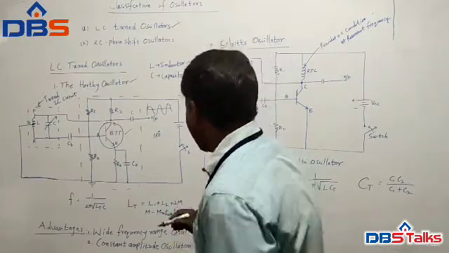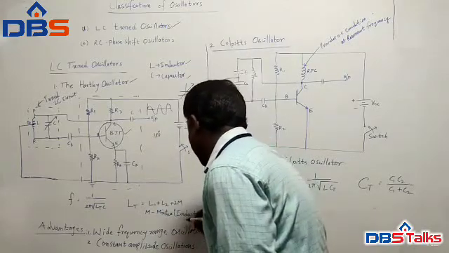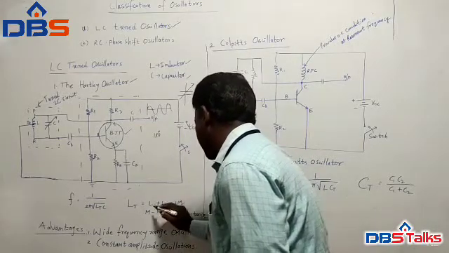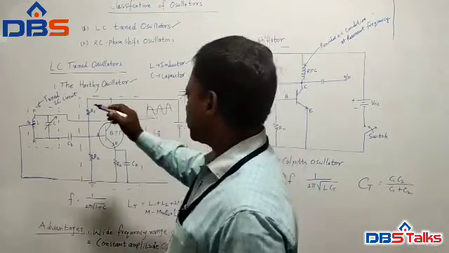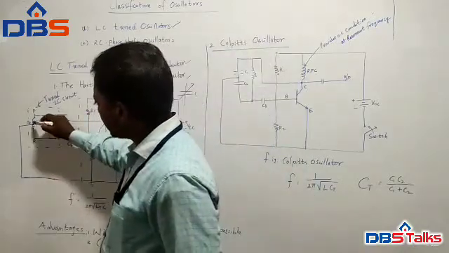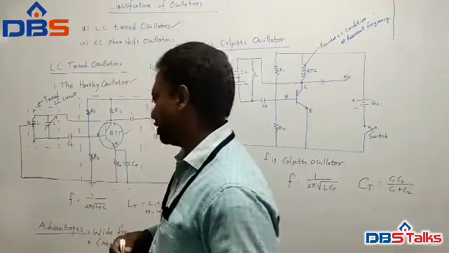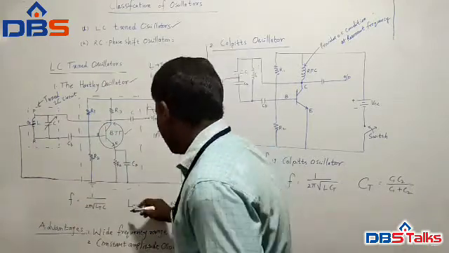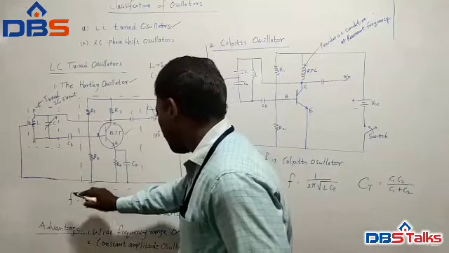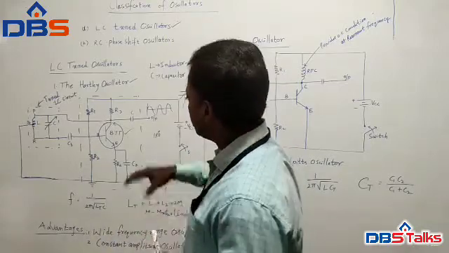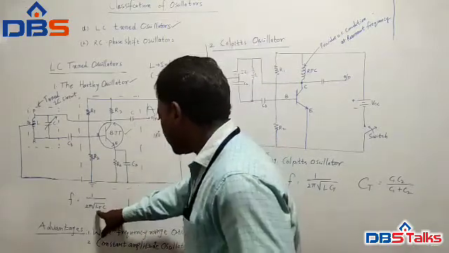L1 and L2 are the inductance values present in the LC circuit, and you can calculate the frequency of oscillations for this circuit. Now, what is LT?